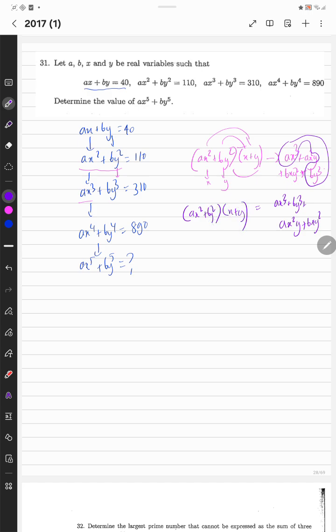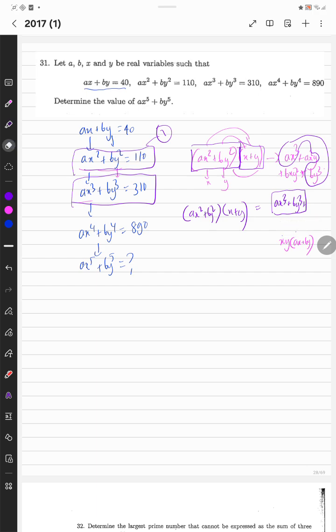So what are these things actually? Just pay attention. This ax² + by² is here, right? One of the very fundamental relationships that we were given. x + y is something we were putting out here. ax³ + by³ is again here, something that was already given. And ax²y + bxy², you can rewrite it by taking xy as common: xy(ax + by).